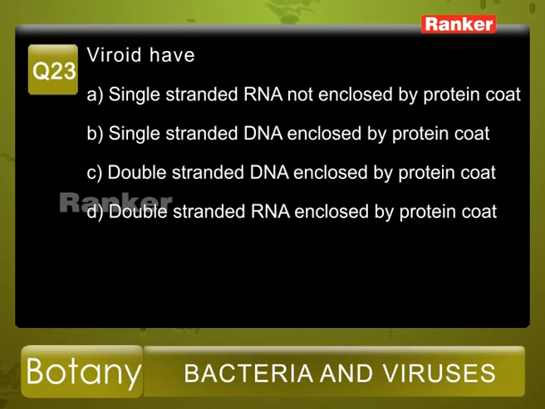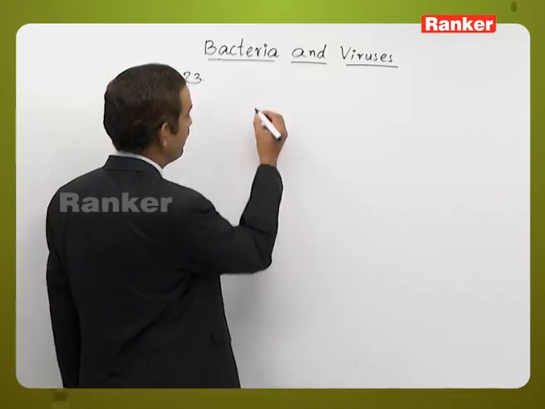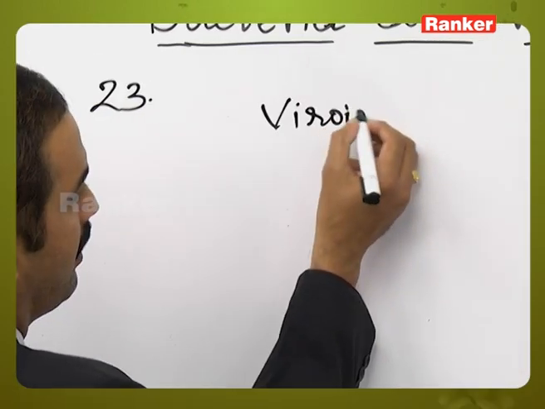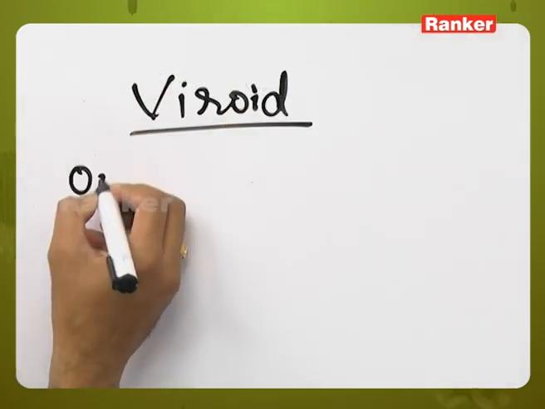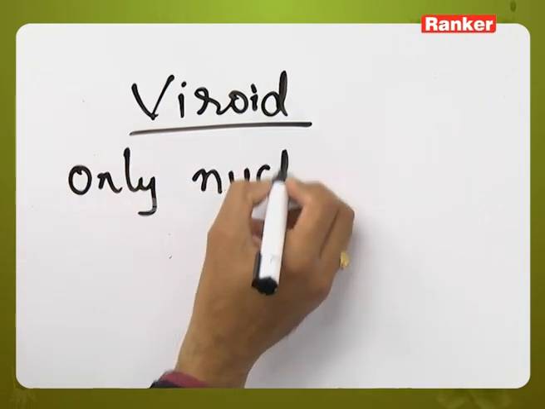Question number 23. Viroid have. The given options are A. single stranded RNA not enclosed by protein coat, B. single stranded DNA enclosed by protein coat, C. double stranded DNA enclosed by protein coat, and D. double stranded RNA enclosed by protein coat. Viroid is a viral particle which is made up of only nucleic acid.